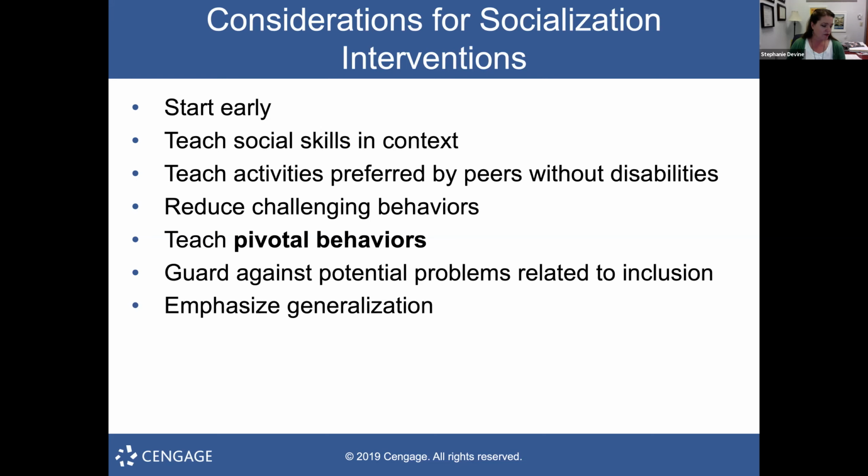And then the overall, you want to remember to emphasize generalization. And remember, chapter 5 had a whole thing on how do we teach generalization? What's the plan? You need to have a plan for that. It's especially important because without generalization, really you wasted a bunch of time.